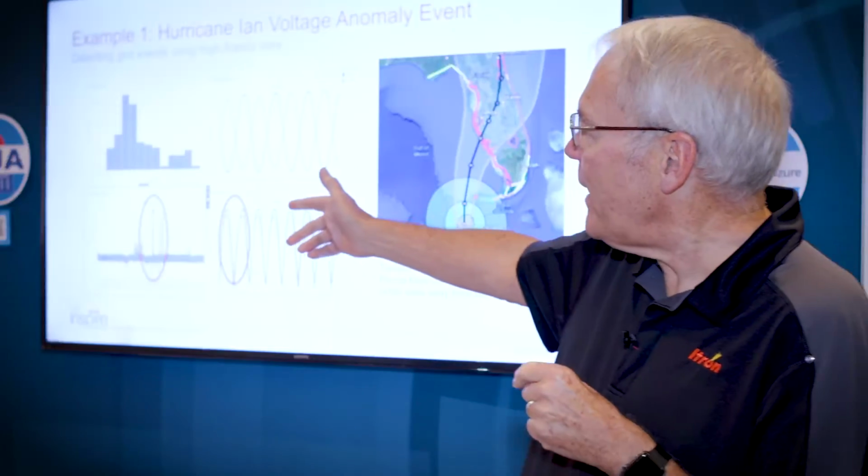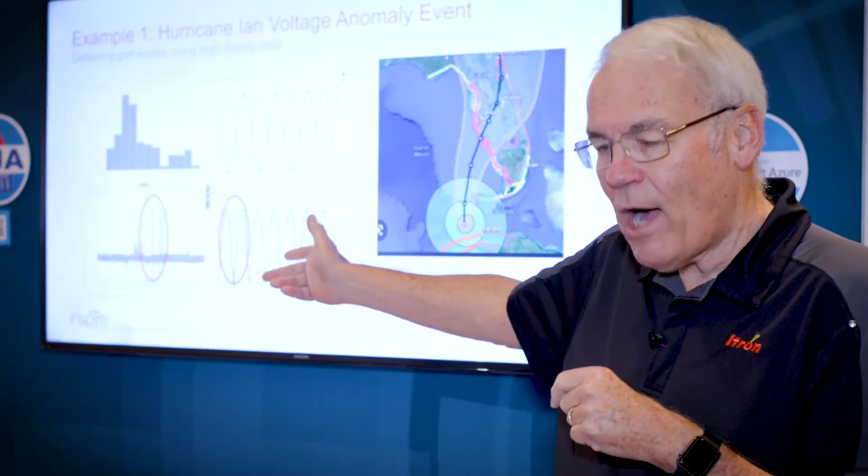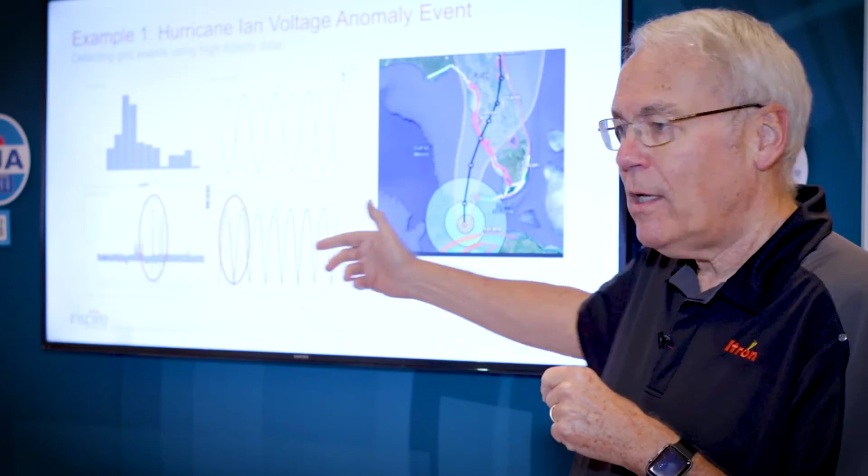As an example, what happened last year, I personally was at Marco Island, and we were running some of our waveform capture just to demo at a show, and along came Hurricane Ian. We were running our crest factor algorithm at the hotel.